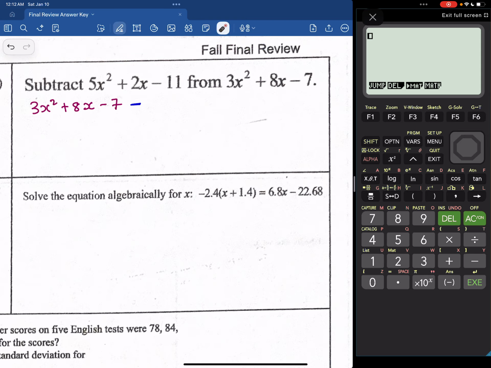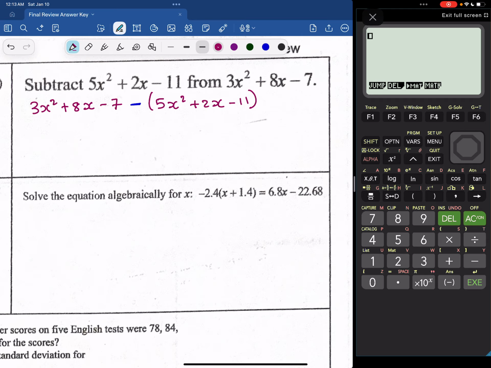So we're going to rewrite it inside of a parentheses, 5x squared plus 2x minus 11. When we rewrite it in this parentheses, notice that we now have this subtraction sign in front of it. So right away, you should know that you're going to have to distribute that -1 to every term in the parentheses first before you can simplify. So let's go ahead and do that.